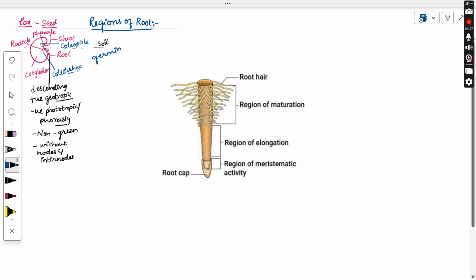Whenever the seed is germinating, you can find the formation of the root. In the germinating seed, you can find this structure which is growing downwards. From the tip towards the upper side, you can see all these regions. First we'll start with the first zone, that is the root cap zone.